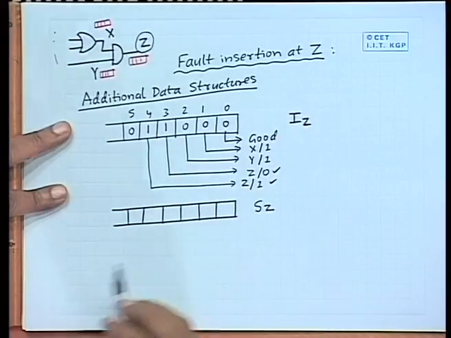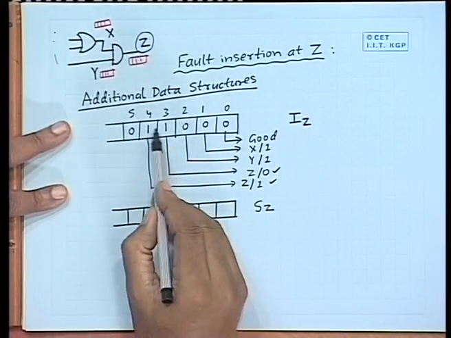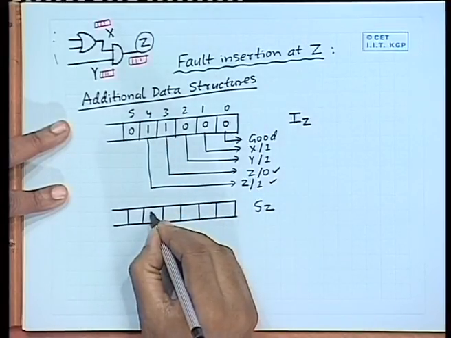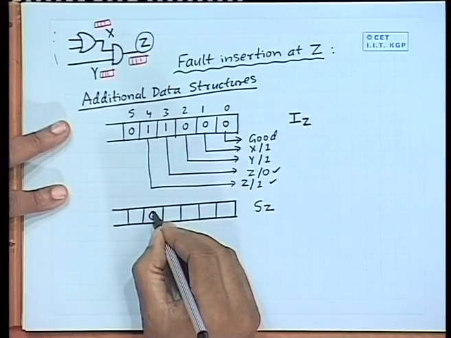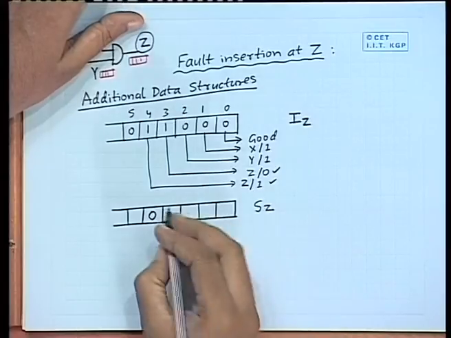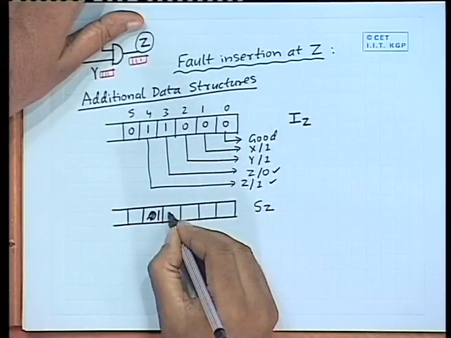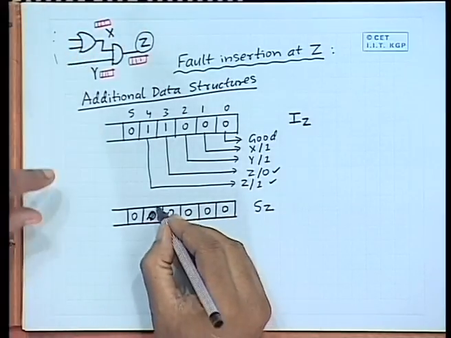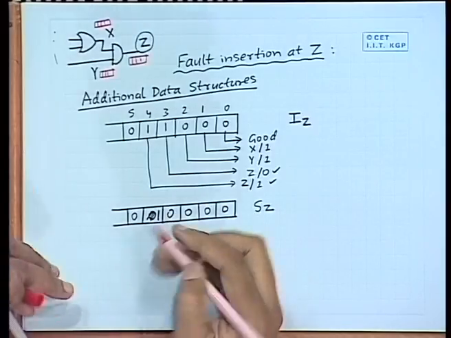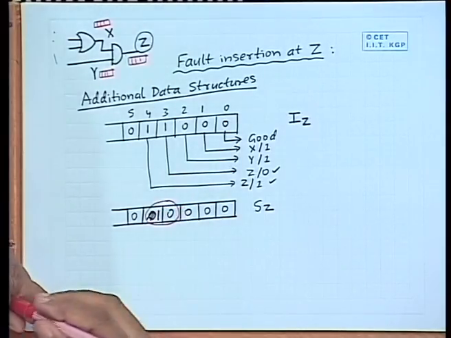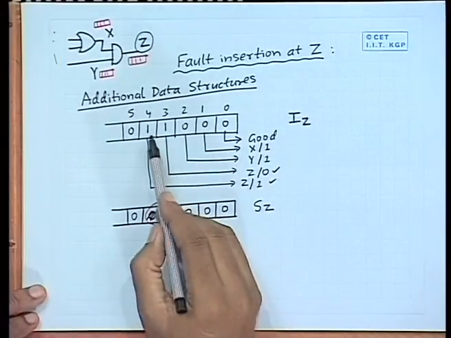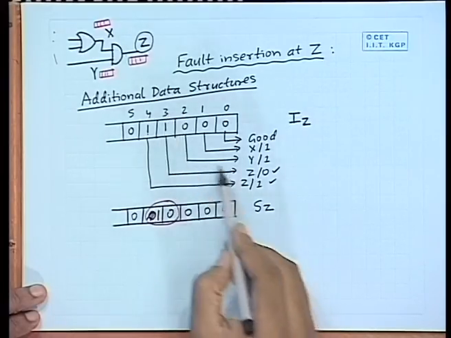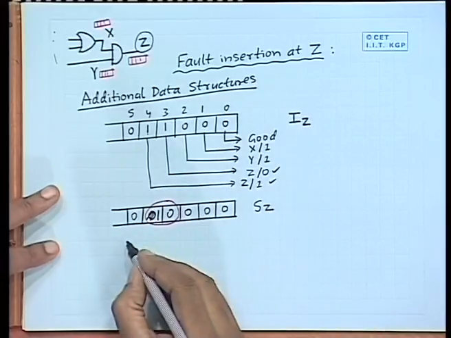These are IZ, and SZ says that these are the two faults under consideration, but the first one is stuck at 1 and the second one is stuck at 0. The rest all bits will be 0. Only these two bits are relevant, this 1 and 0. They will indicate the polarity of the stuck at faults on this line. Bit number 4 will indicate stuck at 1, bit number 3 will indicate stuck at 0.